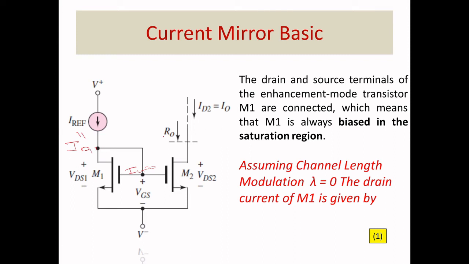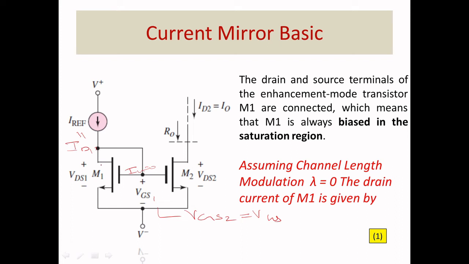Now this MOSFET is biased with VGS, the same VGS, that is VGS1. The same VGS1 I am biasing to M2 also, which I am taking as VGS2. So you know that VGS1 is equal to VGS2, so VGS2 equal to VGS.